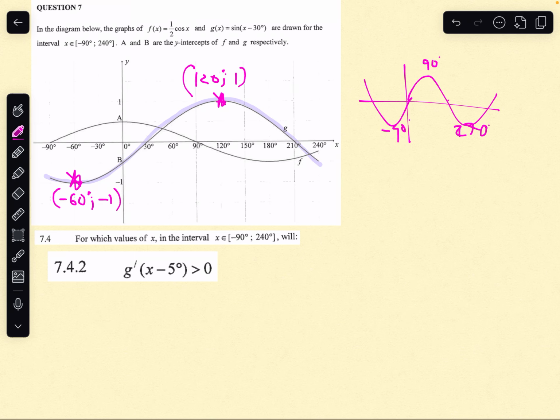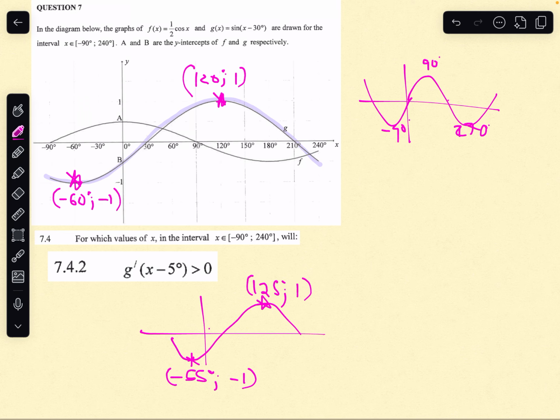Okay. So if you were to again move it by 5 degrees to the right, this turning point will now be at negative 55 and negative 1, and this will now be at 125 and 1.